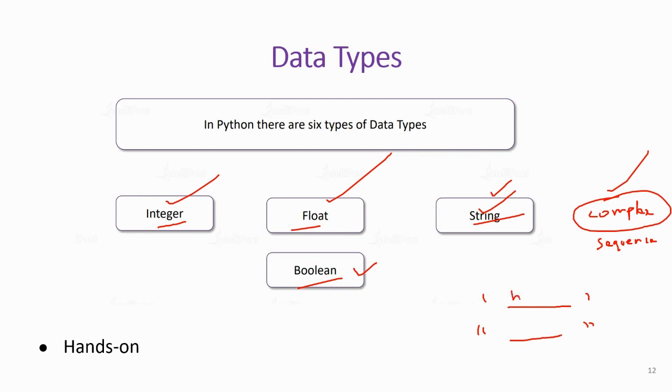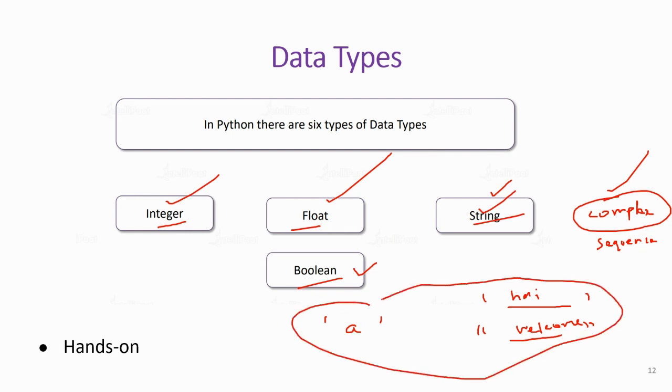See, hi, welcome. These are string data. A single character also will be taken as string data. All these things are commonly known as the string data type. So we can write the string data within single quotes or double quotes.